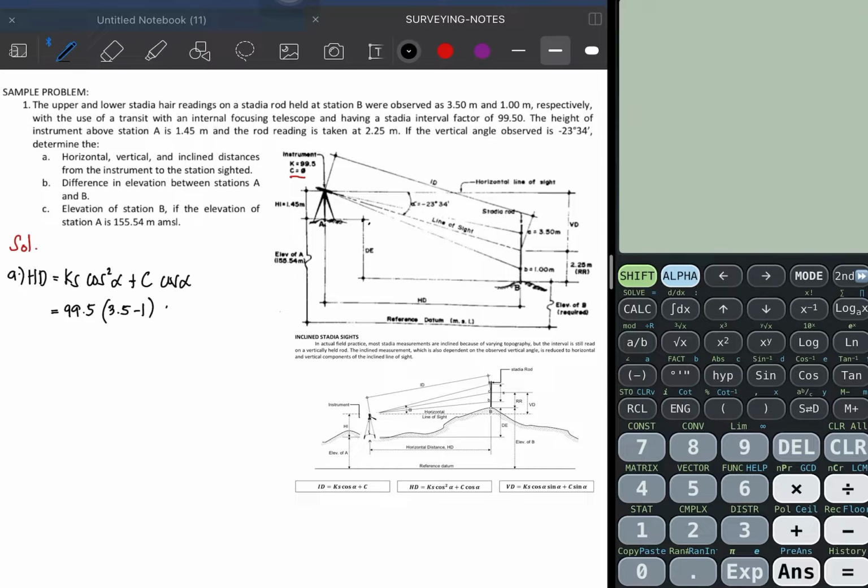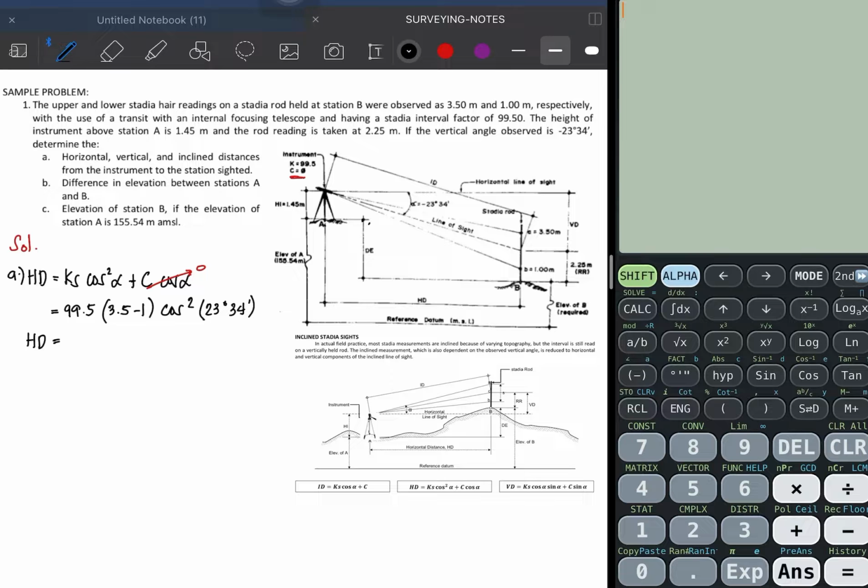And then cosine squared of alpha, which is 23 degrees 34 minutes. Disregard the negative sign. Negative sign meaning that is angle of depression. And then plus C cosine alpha, but your C here is 0, so therefore this is 0.